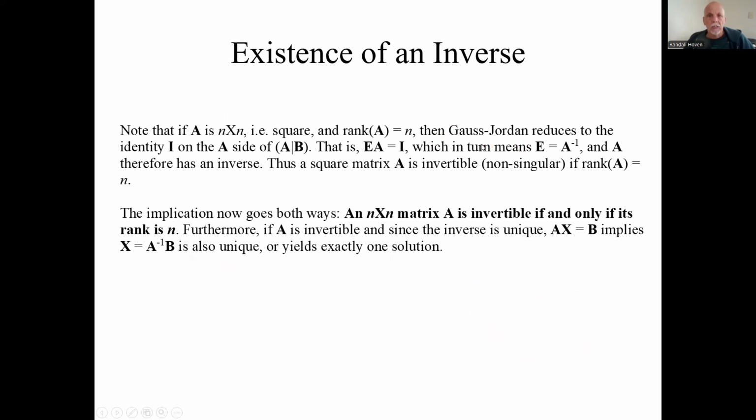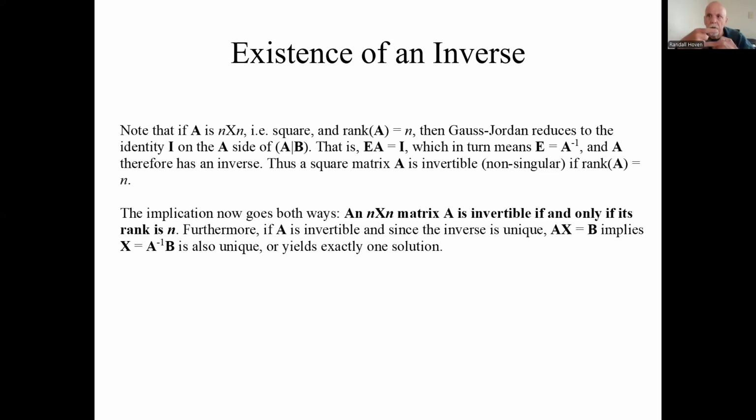If that is the case, A is square and it reduces to that identity. We found out before that tells you that this E is the inverse of A. A has an inverse, and its inverse is this E, which is the matrix that summarizes all the row operations. And we have also already proved that if A does have an inverse, then A is full rank.